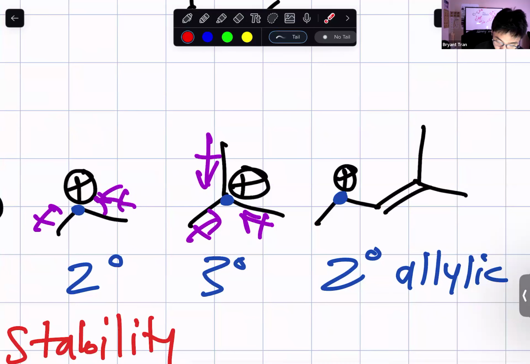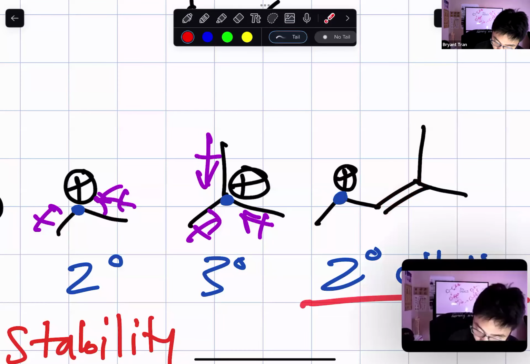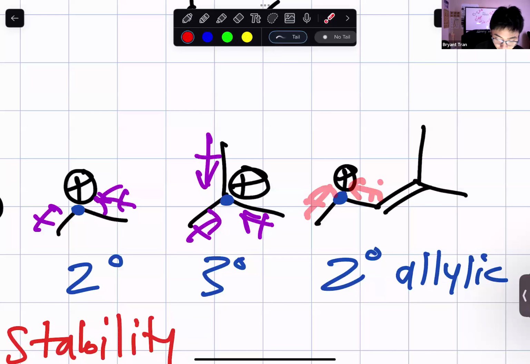But we see that this is allylic, meaning that it is 1 carbon away from an alkene like that, right? And this secondary allylic carbocation is going to be more stable than this tertiary carbocation, even though it has less R groups attached to it, because there's one more big factor here that is going to influence this stability.